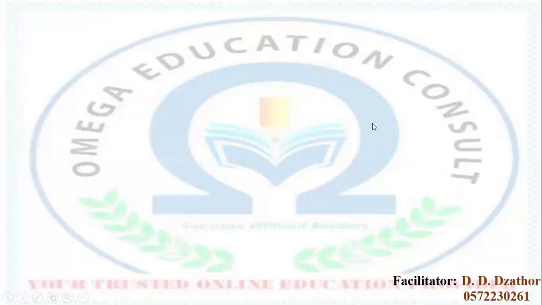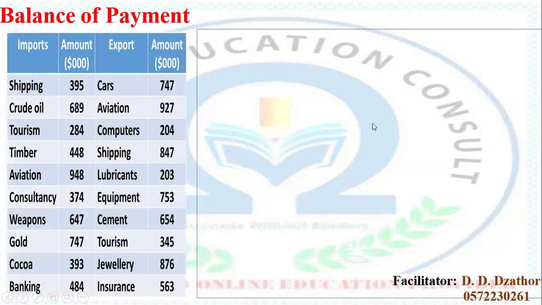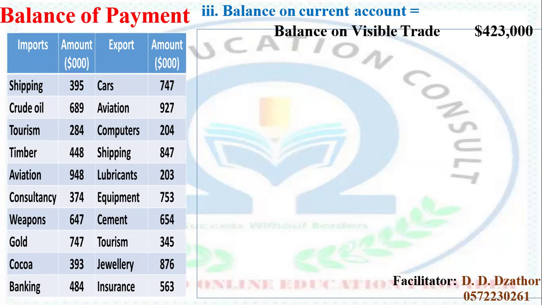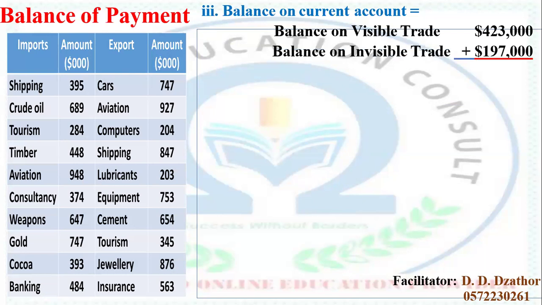So move on then to calculate the third item on the question, right? And that is the balance on current accounts. So the formula for balance on current accounts we mentioned as the balance of visible trade, plus the balance on invisible trade. That is the formula.